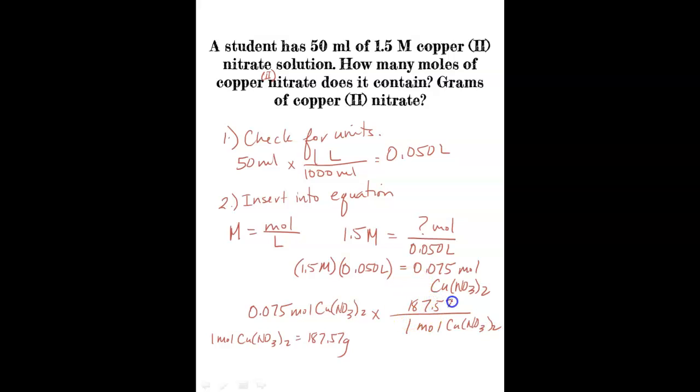And I've got my mass on top. And my answer for this one is going to be 14.07 grams of CuNO32. Okay, so that means that I have to put 14.07 grams of my copper nitrate into the beaker and then fill it up to 50 milliliters.